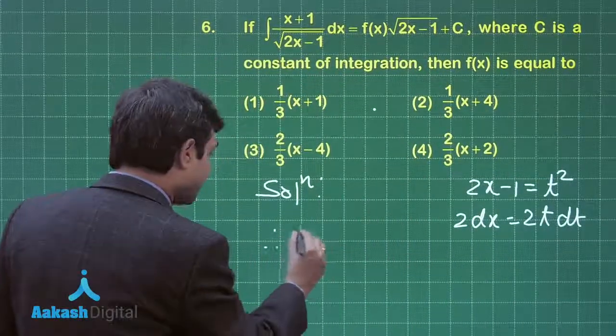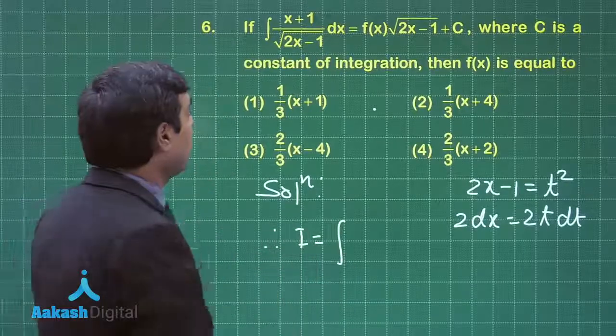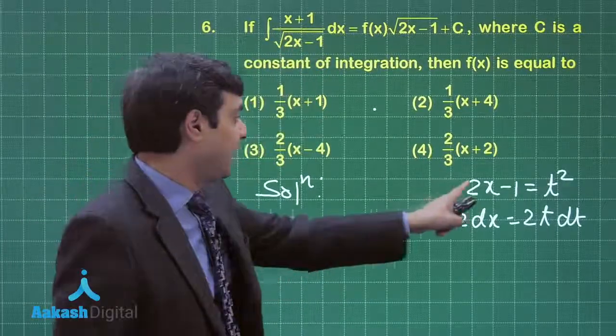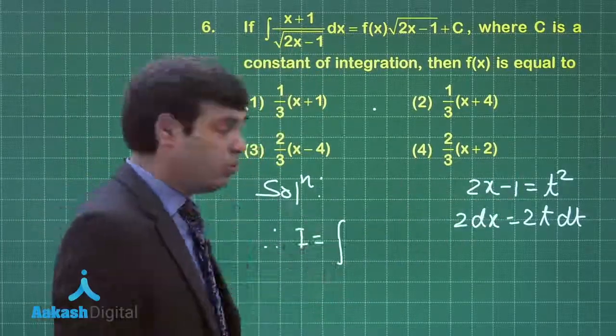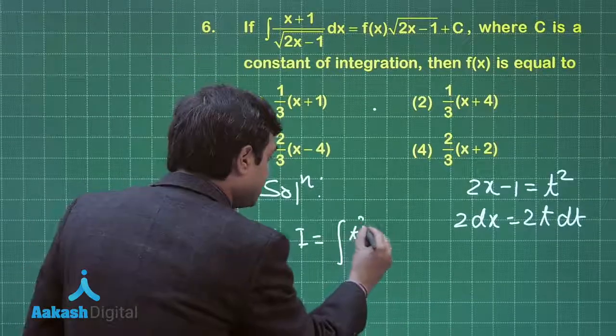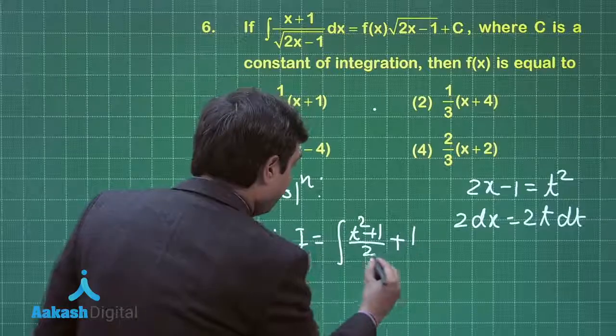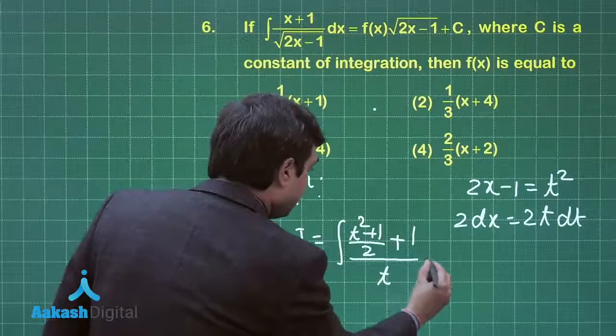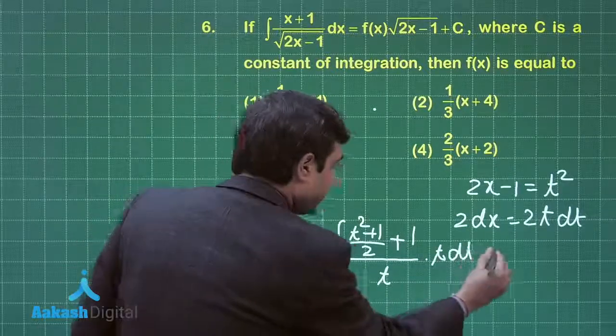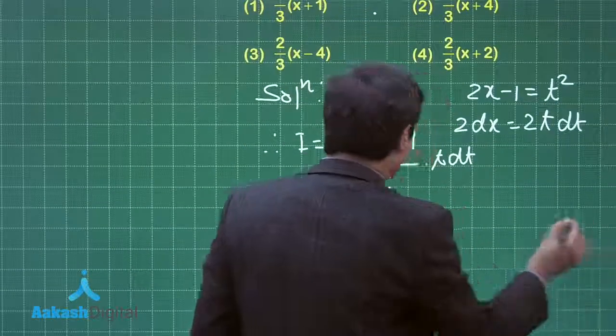Therefore, let us say this is I is equal to, we have (x plus 1), x is (t square plus 1) upon 2. So, right here (t square plus 1) upon 2 plus 1 divided by t into t dt. So that's the integral we are looking for.